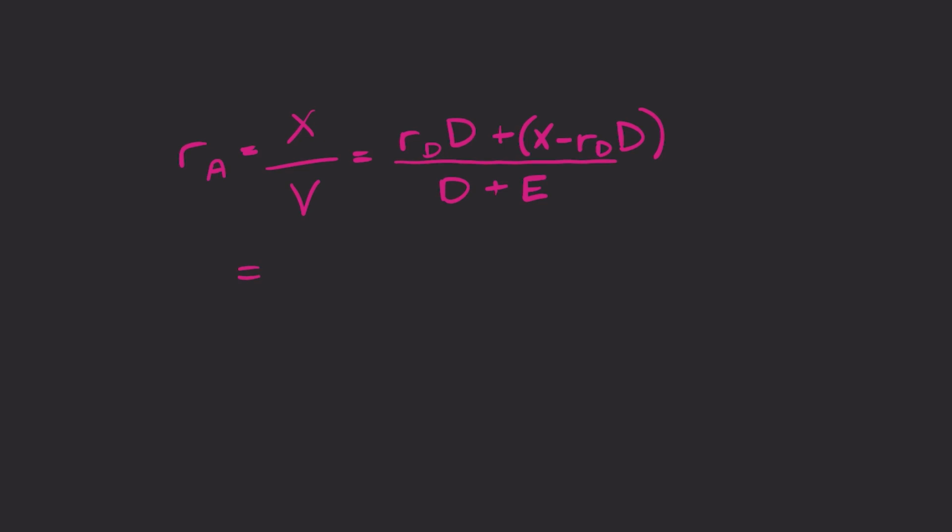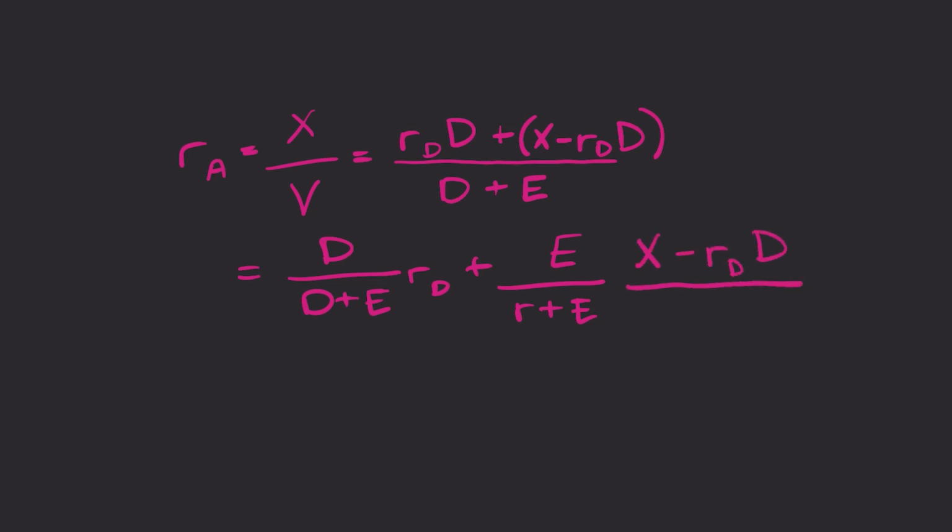So therefore, we can think about the return on assets as being a weighted average of the return on debt plus the return on equity, which is going to be the total dividend divided by the value of equity. So this is going to be RE here.